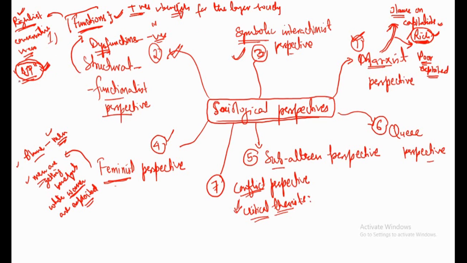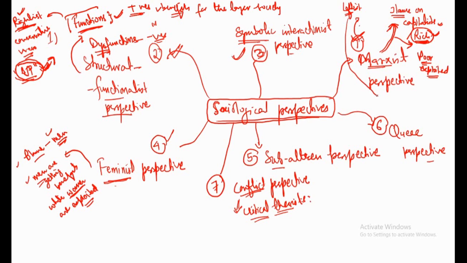My thumb rule is that if the article is supporting the government, say on demonetization, you should remember those points and mention them in your answer as the functionalist perspective, because the BJP is tilted toward the right, so it is a right-wing, conservative, functionalist perspective. Similarly, if an article is against the government, that is tilted toward the leftist view, and that will be the Marxist perspective.